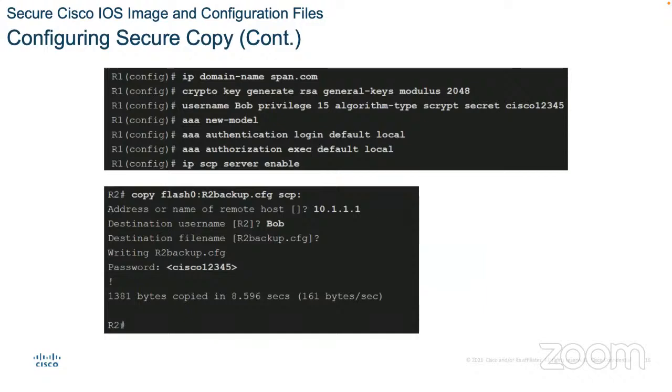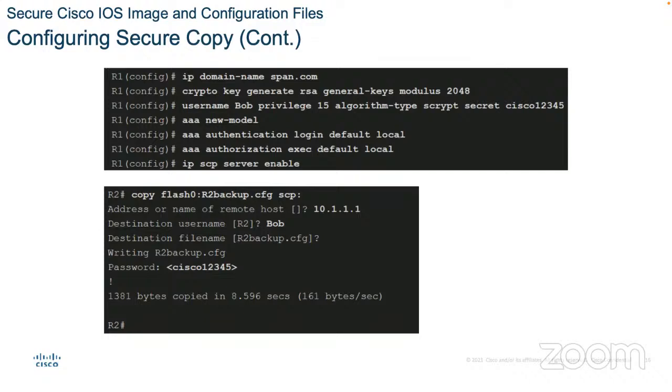You could also do SCP just like you would to send a file to a Linux box. You could also do it for iOS. Since it is a secure method, it is totally possible. You do have to enable SSH. If you're doing local authentication, then that user has to have at least privilege level 15.